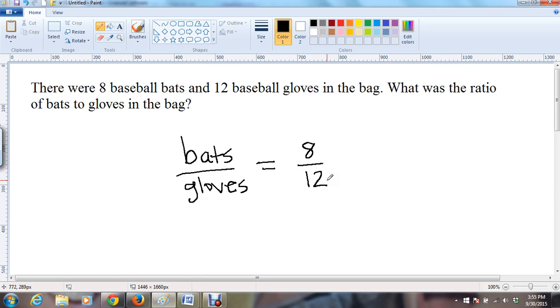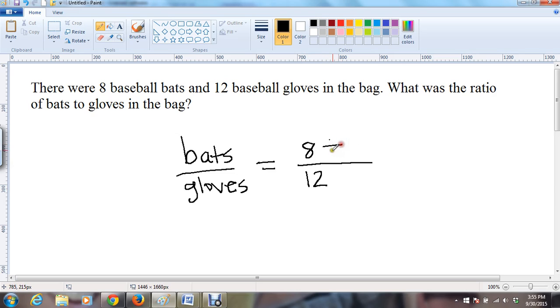We can reduce a ratio the same way we reduce a fraction. We look for a common factor between the top and the bottom. What number will go into 8 and will go into 12 and is the biggest possible one that will do that? That is 4. 4 goes into 8 and 4 goes into 12.